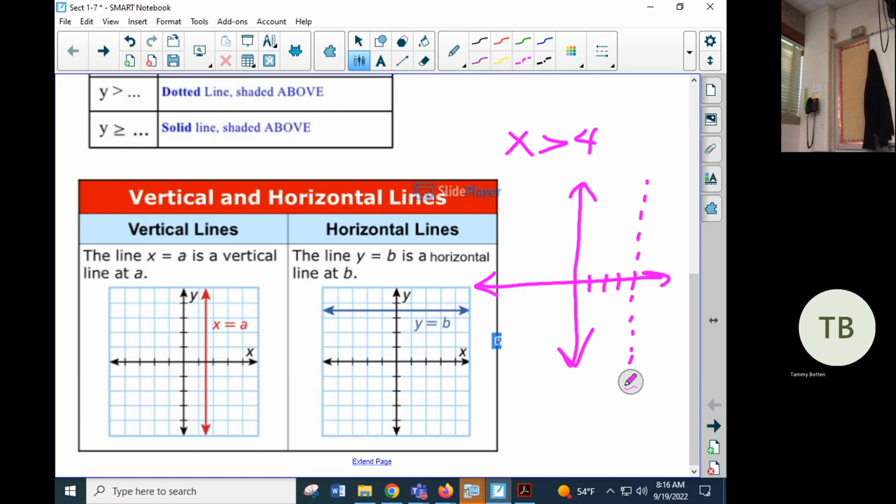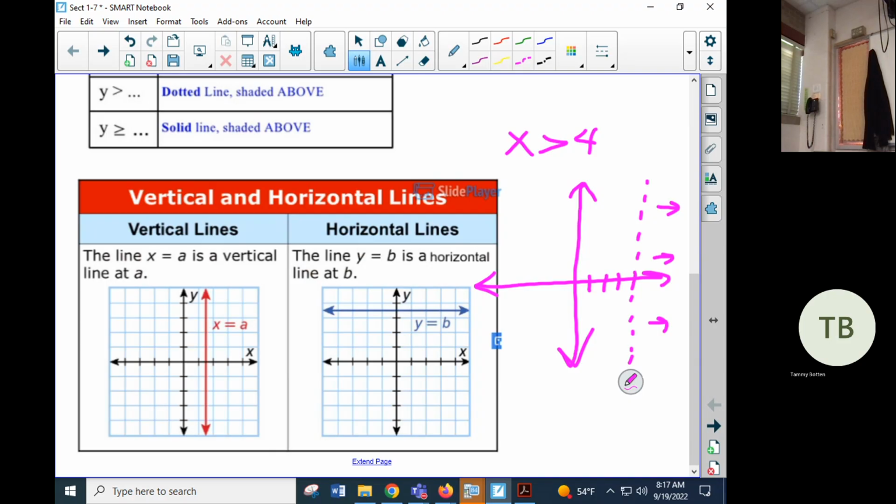And when you're graphing with x, you use common sense: where on here is x bigger than 4? Is it to the right or to the left? It's going to be to the right, so you'd have it shaded over here.